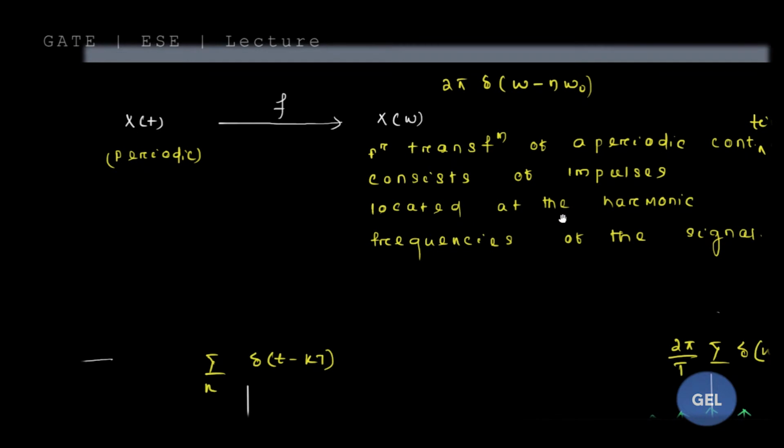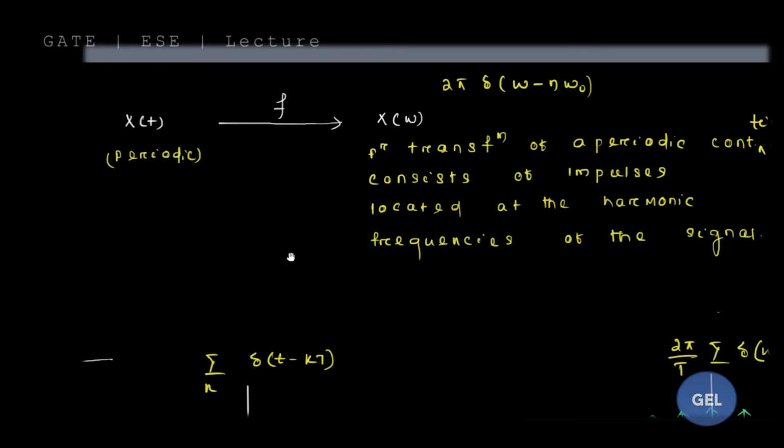I'll show you an example. Please remember this point: if you take the Fourier transform of a periodic signal, then in the frequency domain the impulses you get will be located at the harmonic frequencies of the signal.